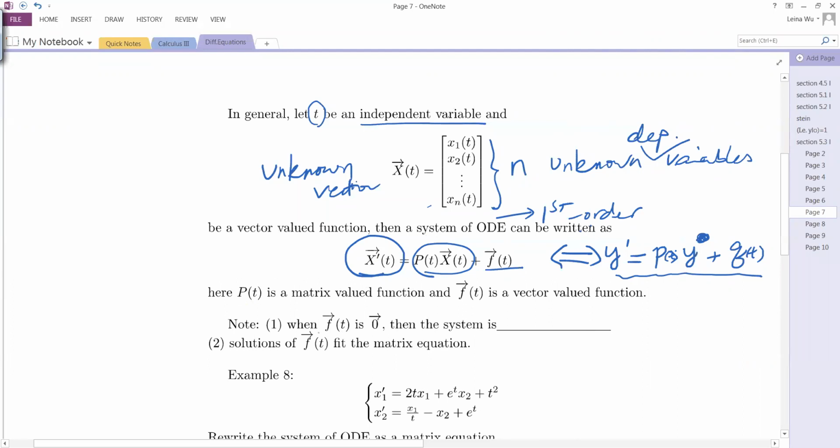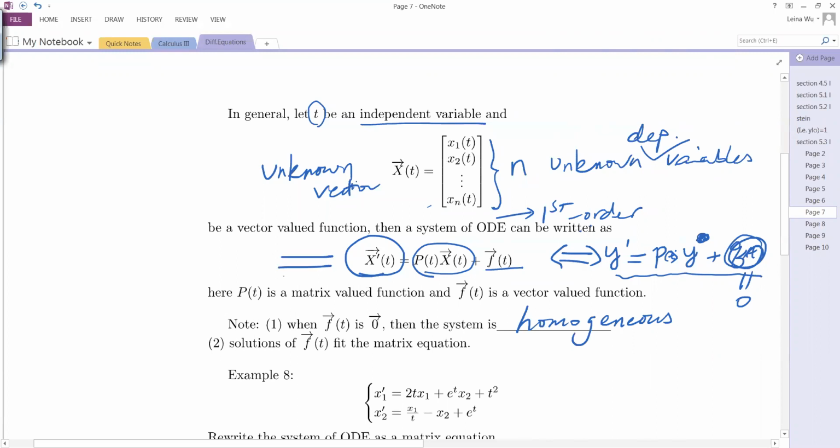But question 1, first note, when this f of t happens to be 0, okay, so if this part happens to be 0, what do we call the system as? Homogeneous? Yes, homogeneous. Because there's no other stuff, I mean, like other than first order derivative of y.